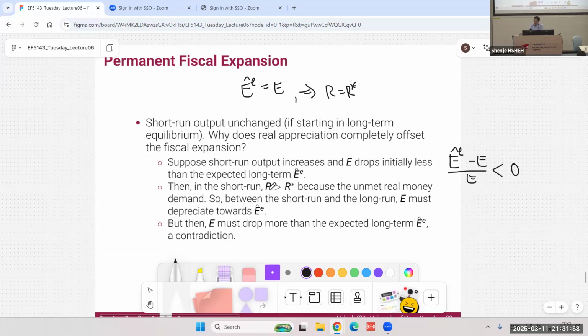So in the short run, R is greater than R star because of unmet real money demand.